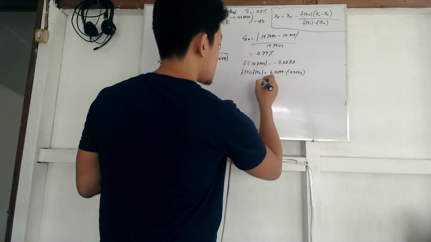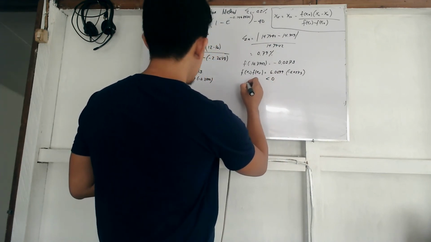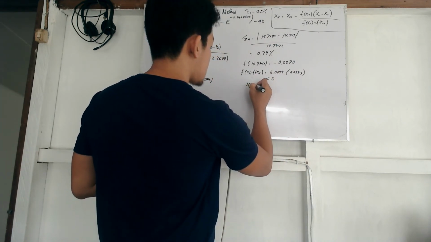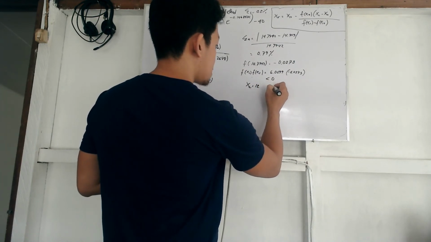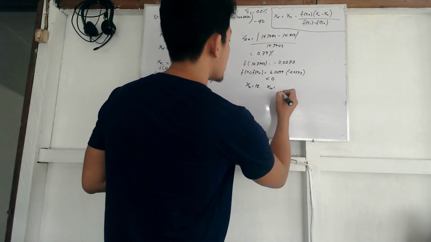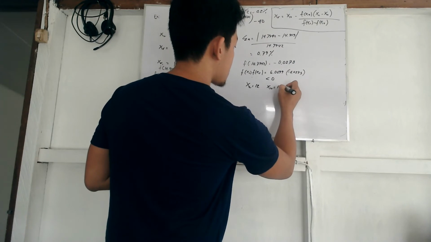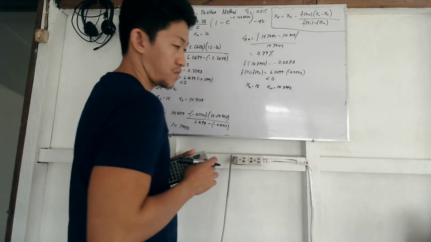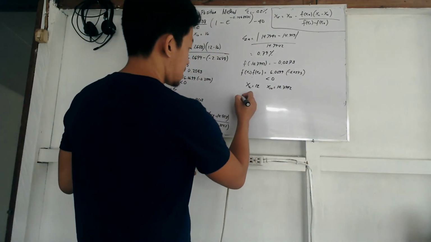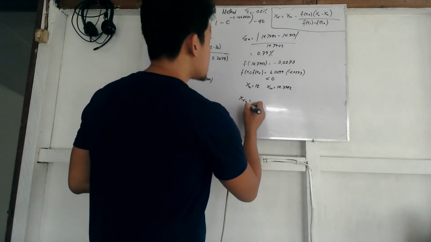The answer is less than 0, therefore the new interval is 12, XU is 14.7942. Okay, calculate XR3.